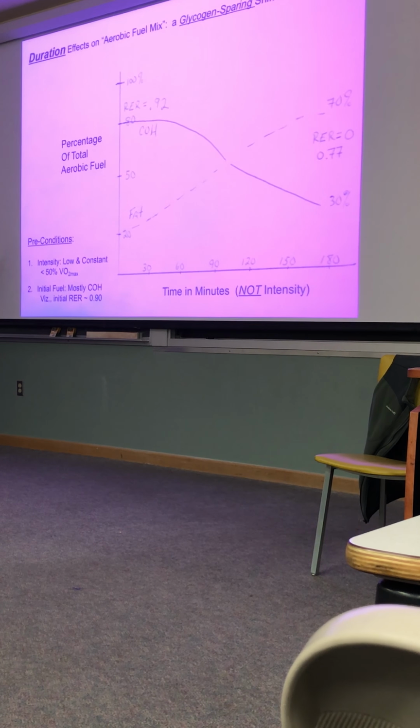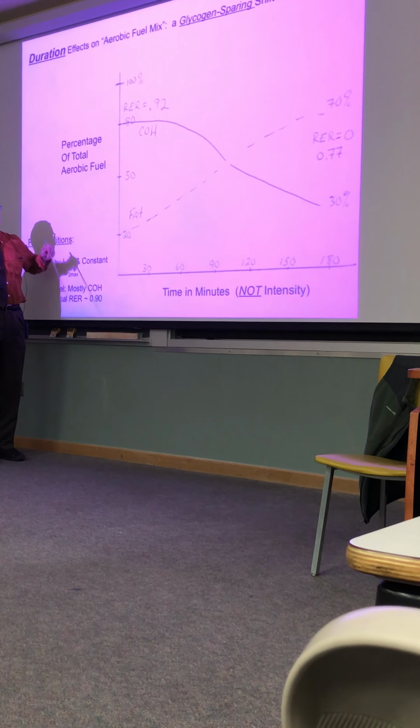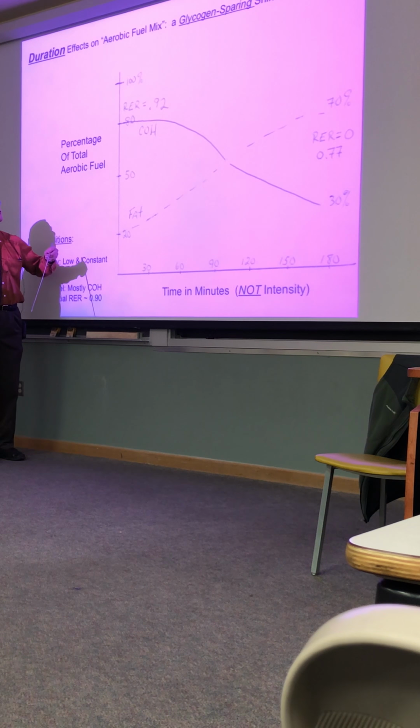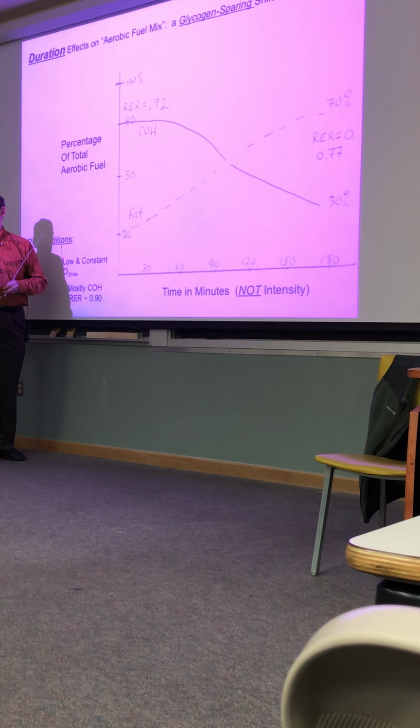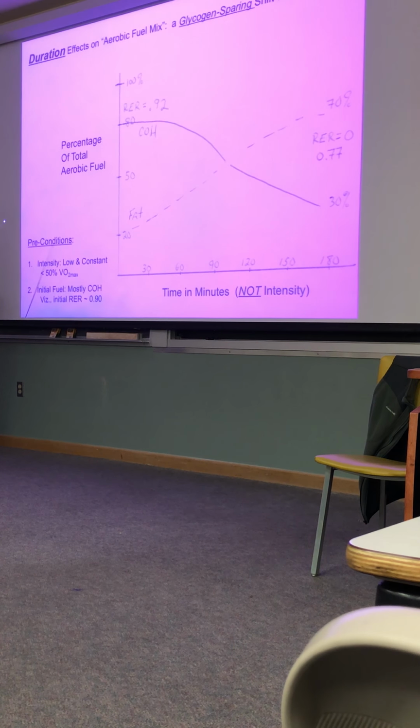If you start an exercise, let's say just for practice of what you learned last time, if you started a workout not having eaten for the last 12 hours, what would your R value be? It would be fat, 0.7, and it wouldn't shift anywhere. But if you've had a mixed breakfast, I had pancakes this morning.